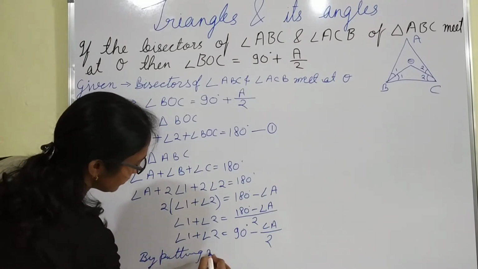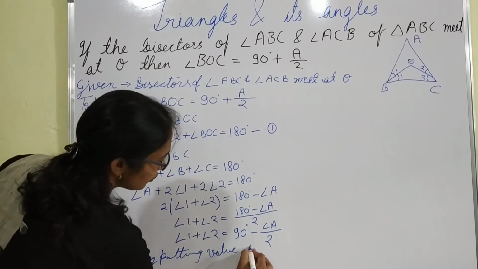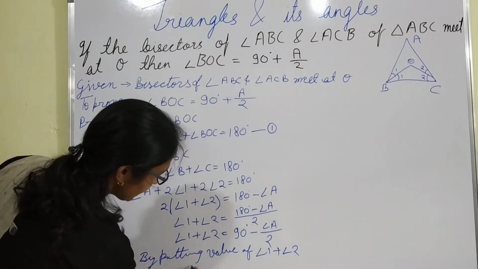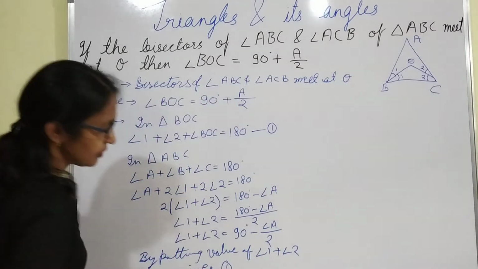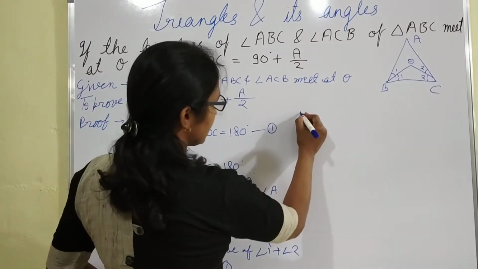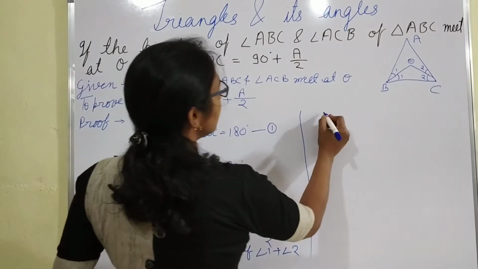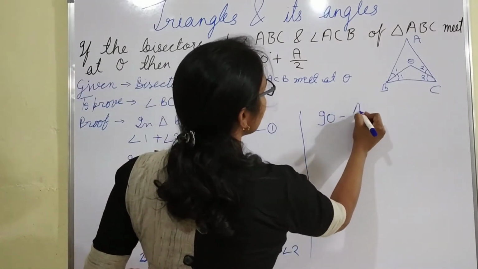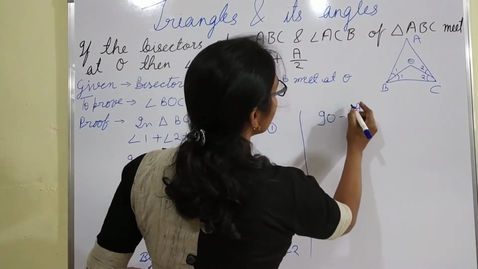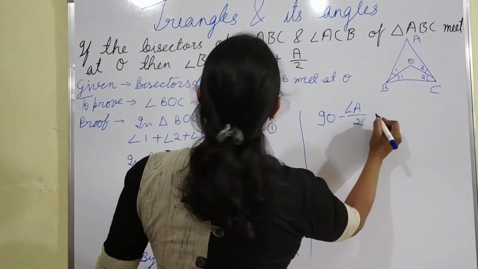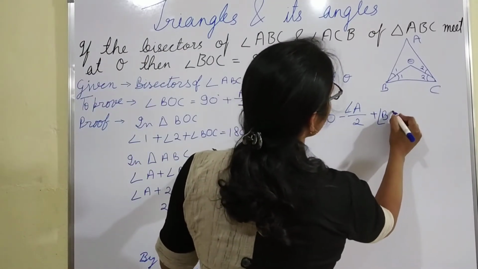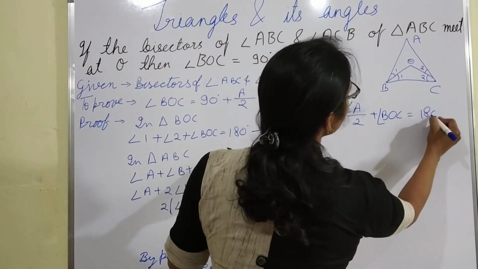So 90 minus angle A upon 2 plus angle BOC equals to 180 degree.